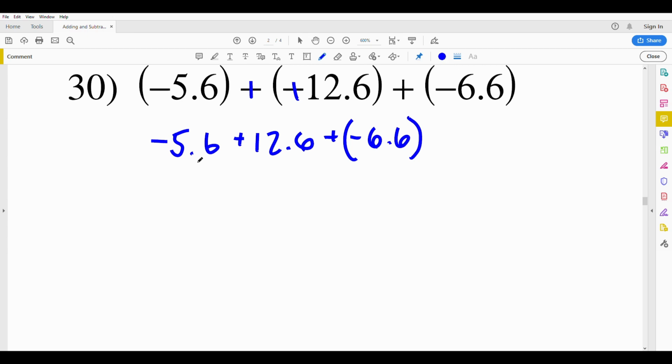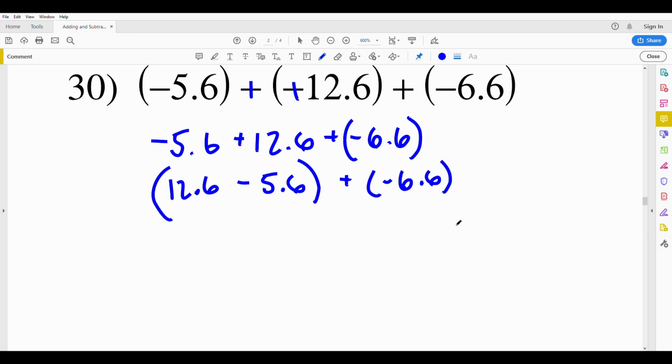So negative 5.6 plus 12.6, that's the same as if I were to rewrite this as 12 and 6/10 plus a negative 5 and 6/10, but adding a negative, subtracting the positive. So subtracting 5 and 6/10. I'll go ahead and do this first, and then I'll add on my negative 6 and 6/10.